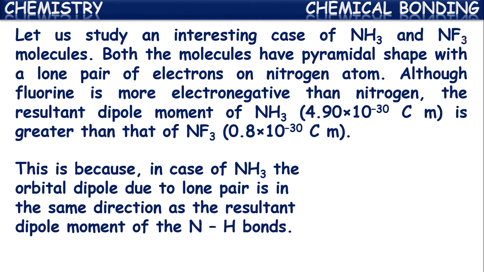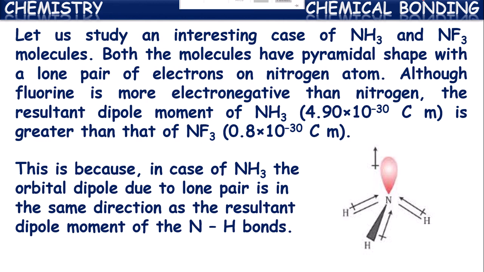This is because in the case of NH3, that is ammonia, there is a lone pair of electrons in one orbital on nitrogen, isn't it? So there is a dipole moment because of this. In ammonia, the orbital dipole due to the lone pair of electrons is in this direction.